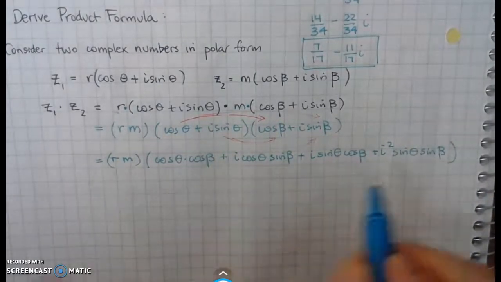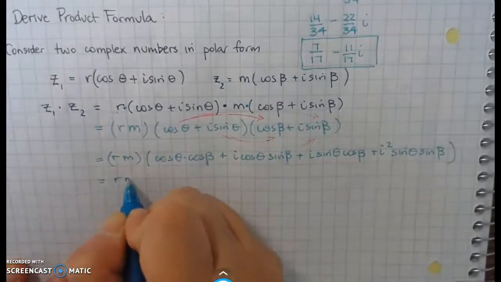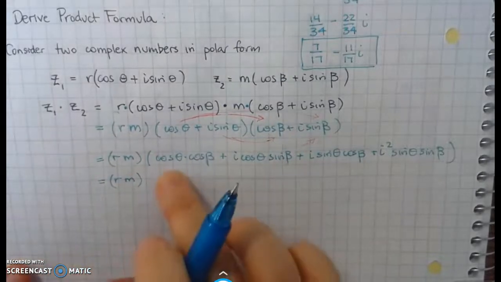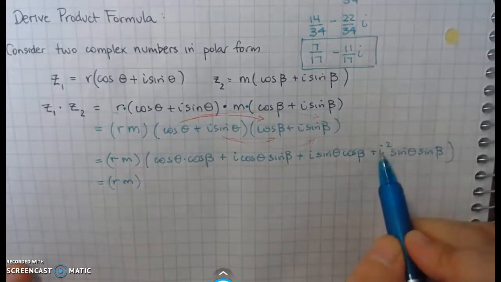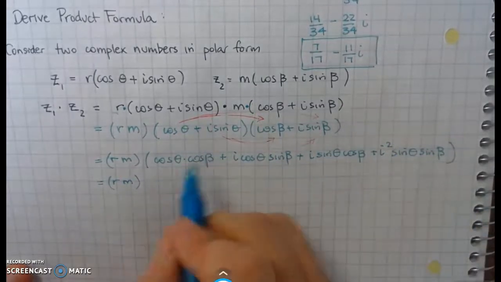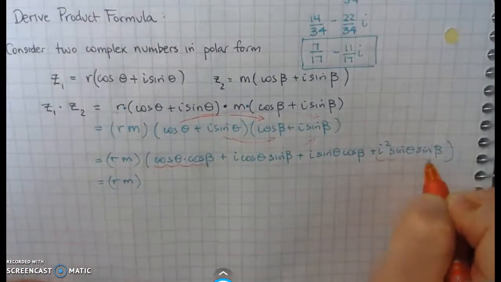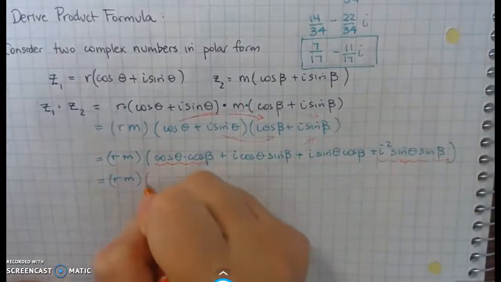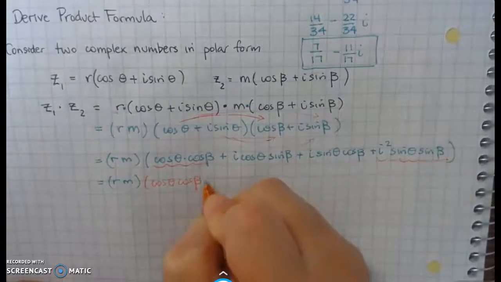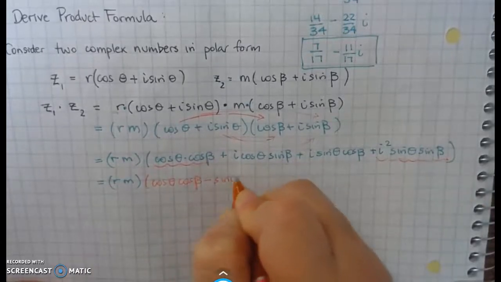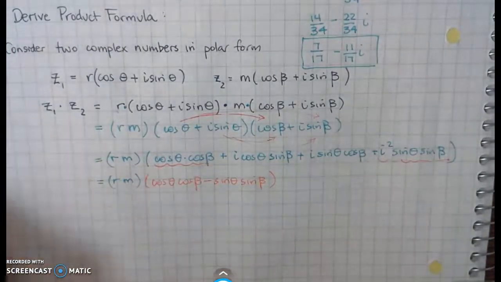Alright, so then I am going to rearrange this yet again. Okay, so I see cosine of theta, cosine of beta, sine of theta, sine of beta, and of course i squared is the same as -1. So this and this, if I combine those, I get cosine of theta, cosine of beta, minus sine of theta, sine of beta. Okay, and what else do I have?